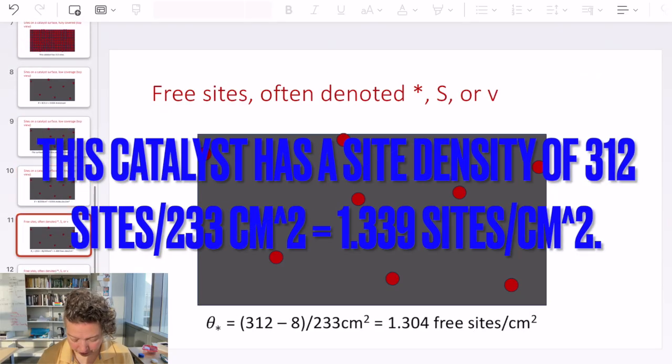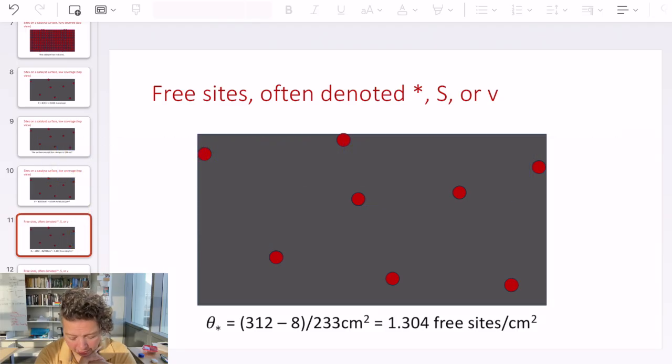Okay, so I've just shown how we can calculate the coverage of adsorbates on a surface. For catalysis, we are often interested in the free site coverage because that is where the reaction can occur. If I only have one type of adsorbate, then I can easily get the free site coverage if I know the adsorbate coverage, because the free site coverage is just what's left.